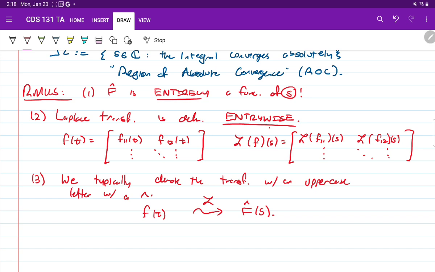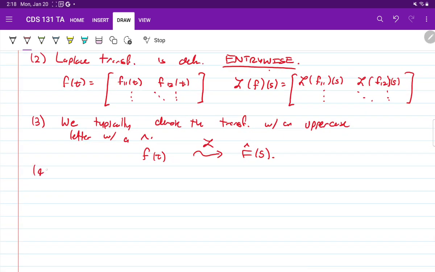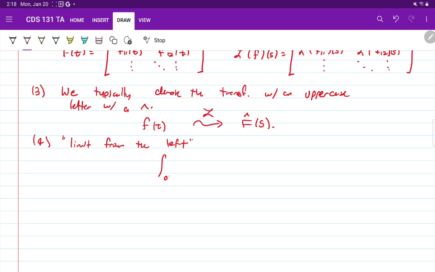What else do we need to tie up here? Well, we had this limit from the left. We started our integral at 0 from the left, which goes to infinity. And remember, this is the same thing as the limit as epsilon approaches 0 from the left.